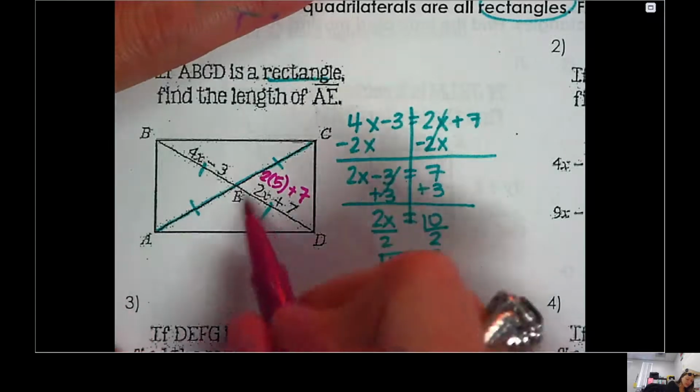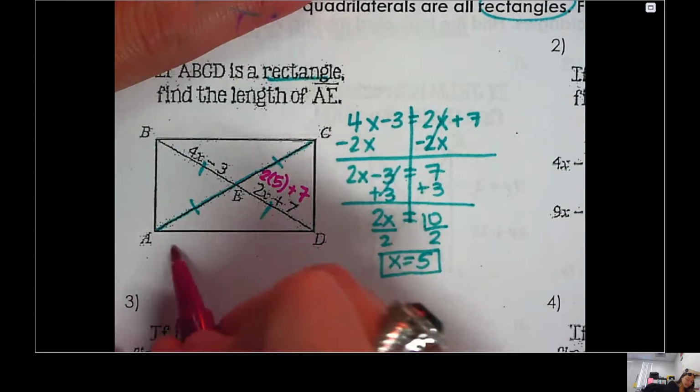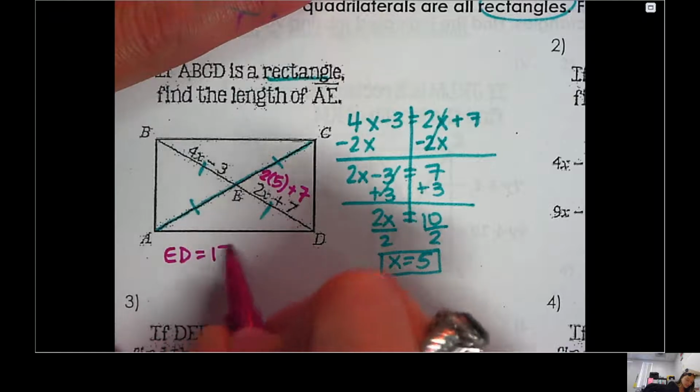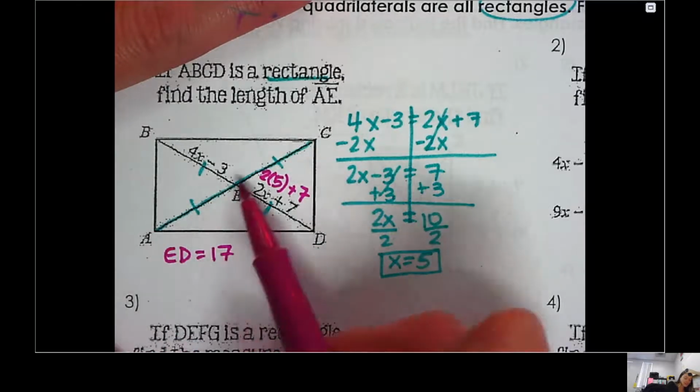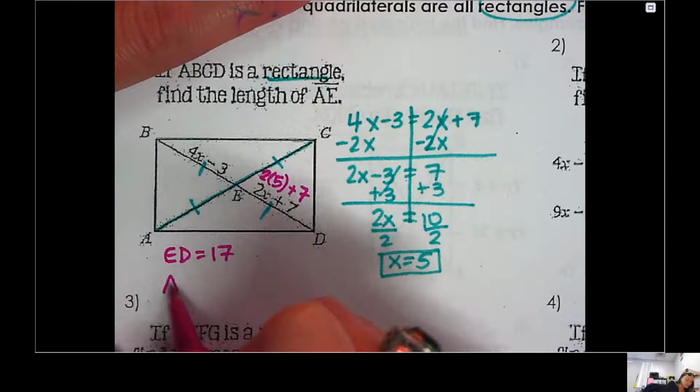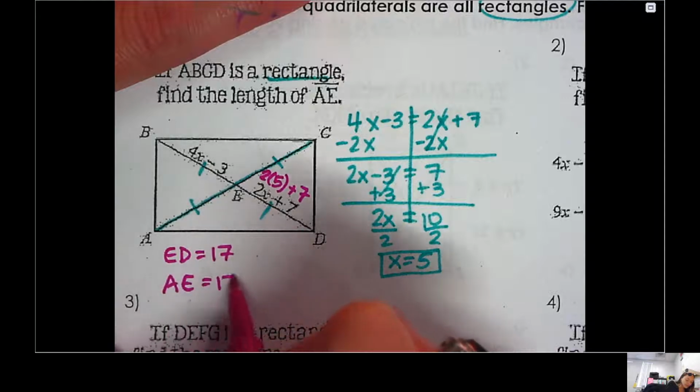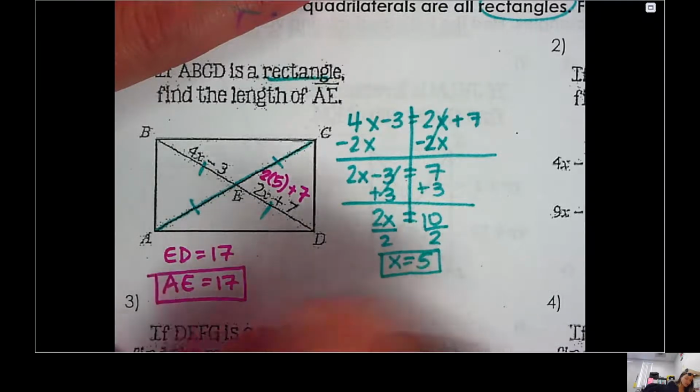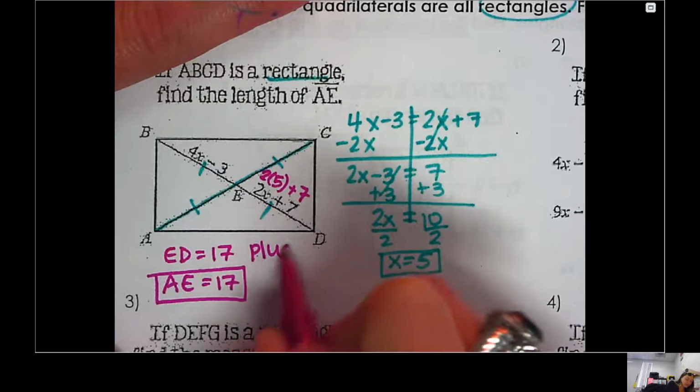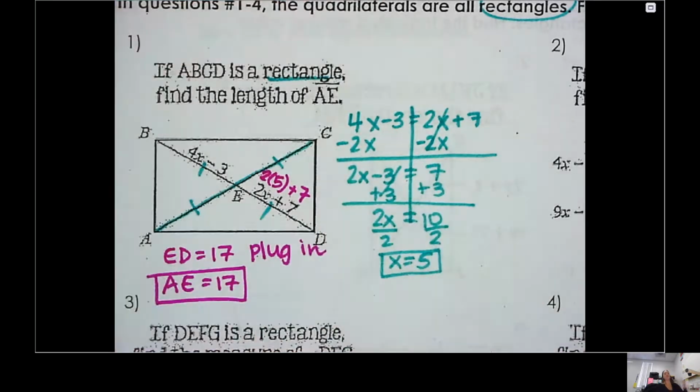So the length right here of ED is 17. That means the length of AE is exactly the same. So the length of AE is also 17. So I did that by plugging in. Okay, so rectangles all have diagonals that are congruent.